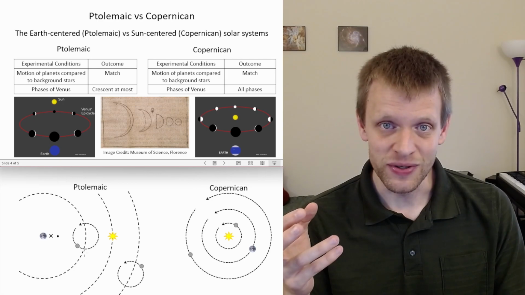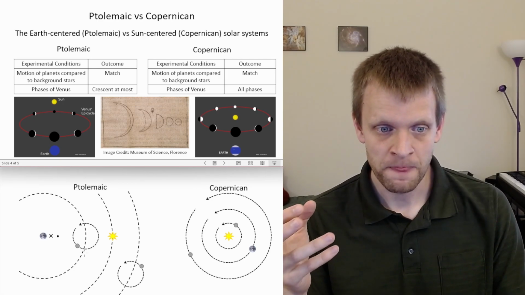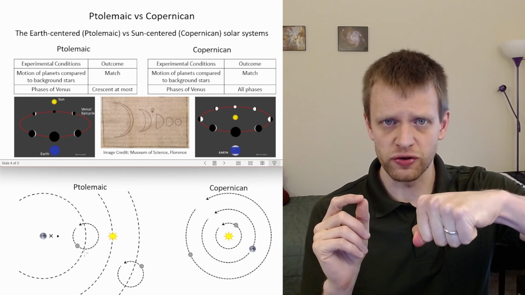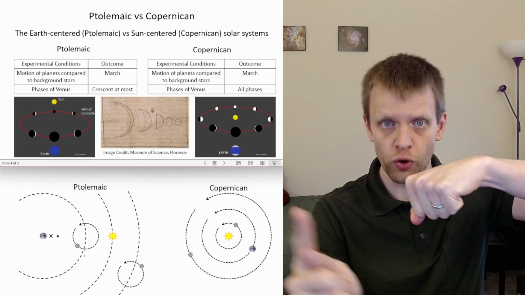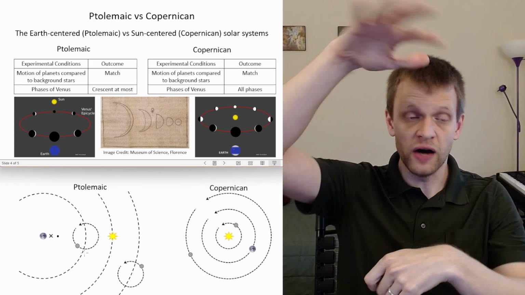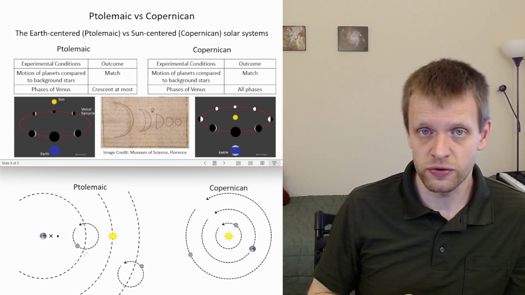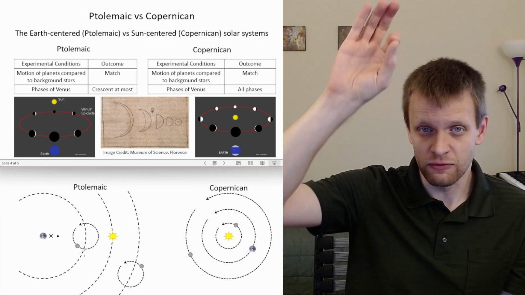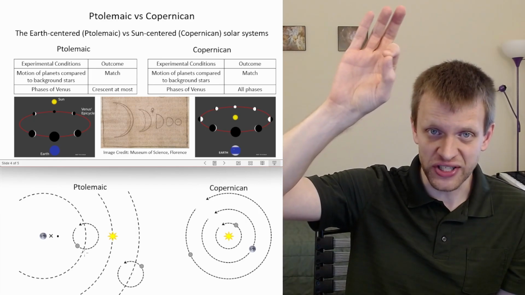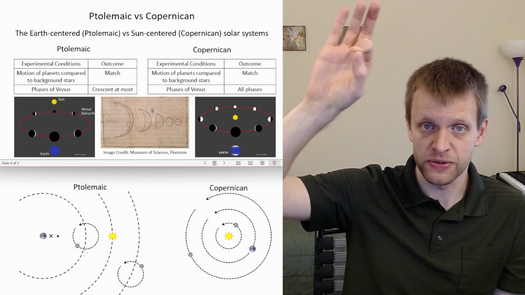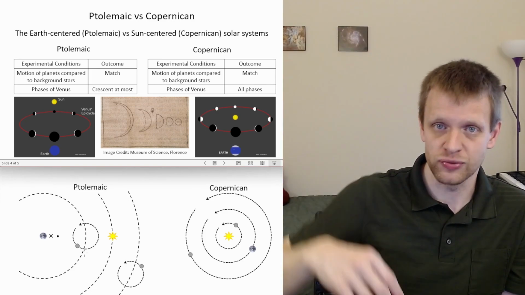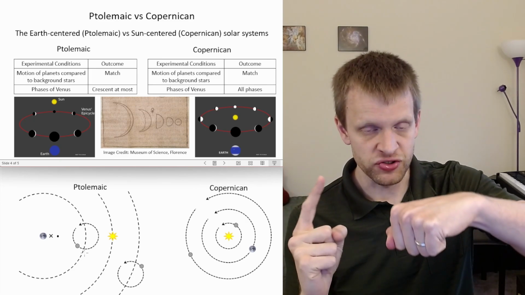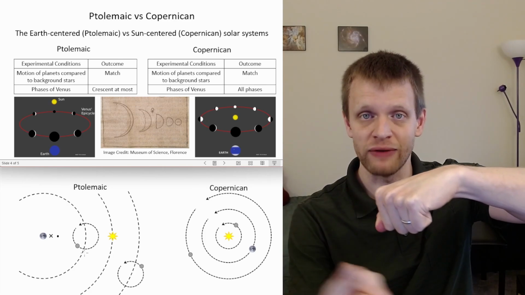Another thing that was kind of interesting is that in the Copernican model, if you have the sun at the center and the Earth orbiting around it, then the argument was that for relatively nearby stars, we should see a little bit of an apparent change in their position compared to other background stars, what we call the parallax effect, due to the motion of the Earth around the sun.